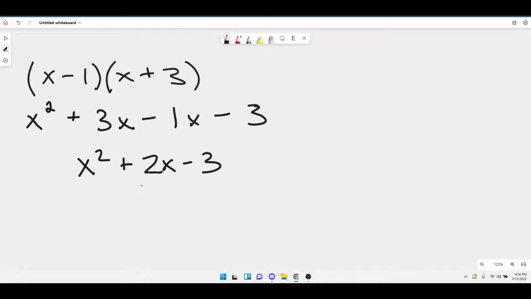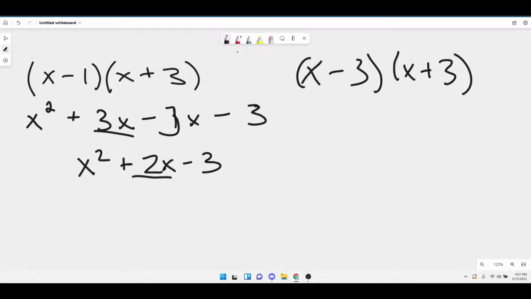Then that poses the question, how are we going to get rid of this? Well, the only way to get rid of this 3x would be to subtract 3x. So to subtract 3x in that scenario, we'd have to do x minus 3 times x plus 3.